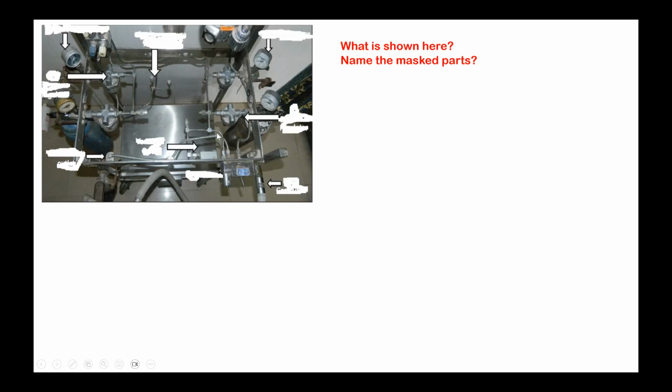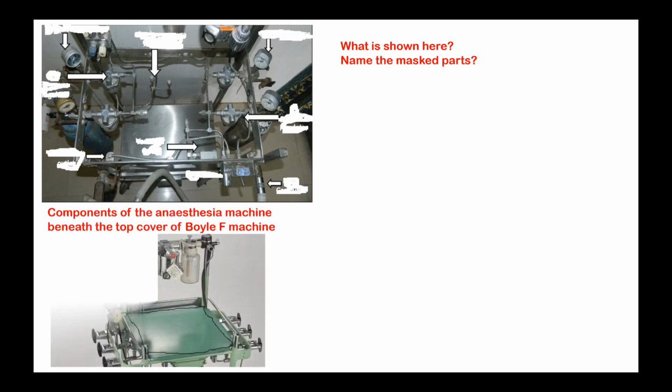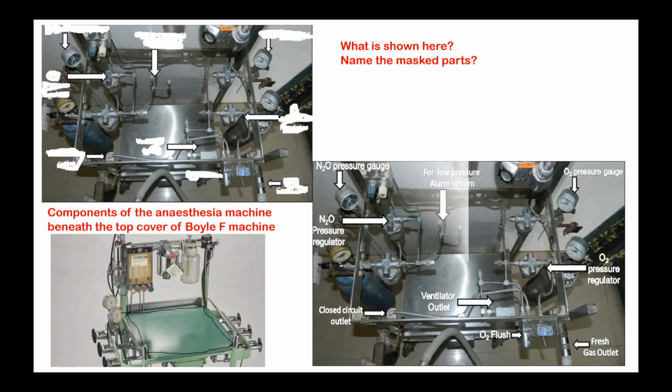What is this? What are all these tubings? This tubing coming here, this is the oxygen flush. This is the tubing coming from the pressure regulator to the oxygen flush. And these are all the various connections that are there. Okay. So you can see this is a pressure gauge.